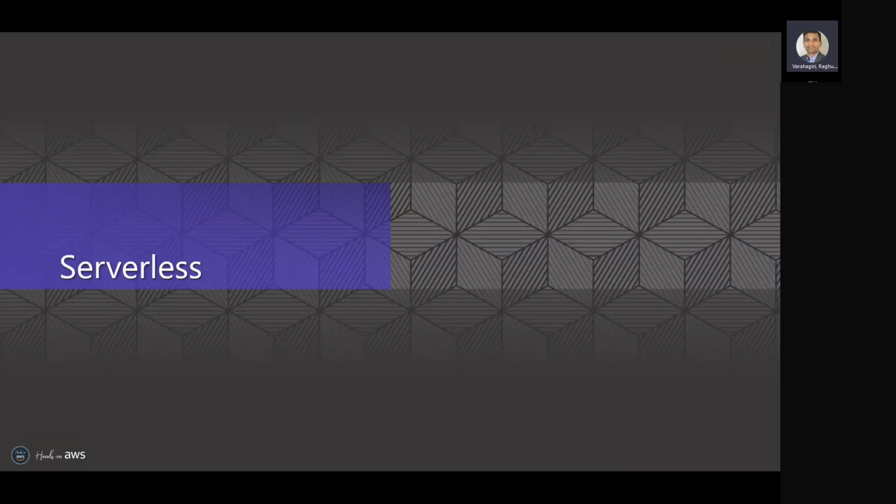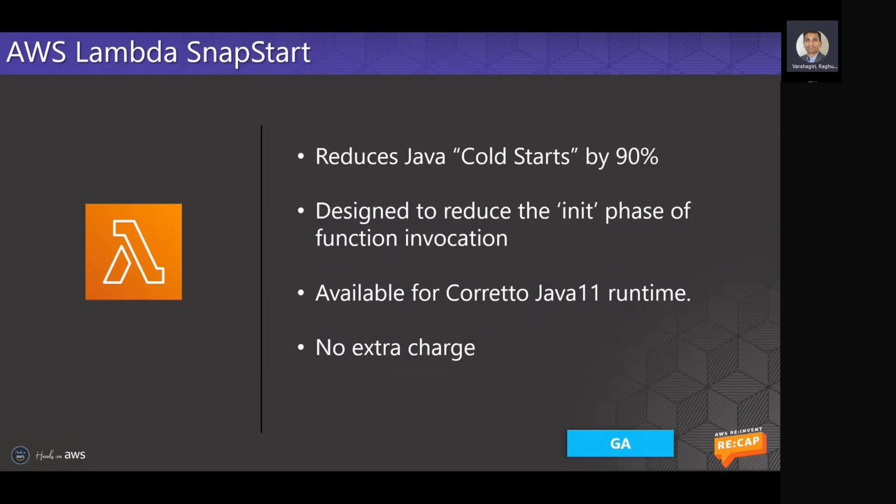So that was a quick tour of the big changes in the developer space, and we now look at serverless, right? So Lambda is the biggest flagship product in the serverless landscape for AWS, and you may have heard in the past about Lambda cold starts.